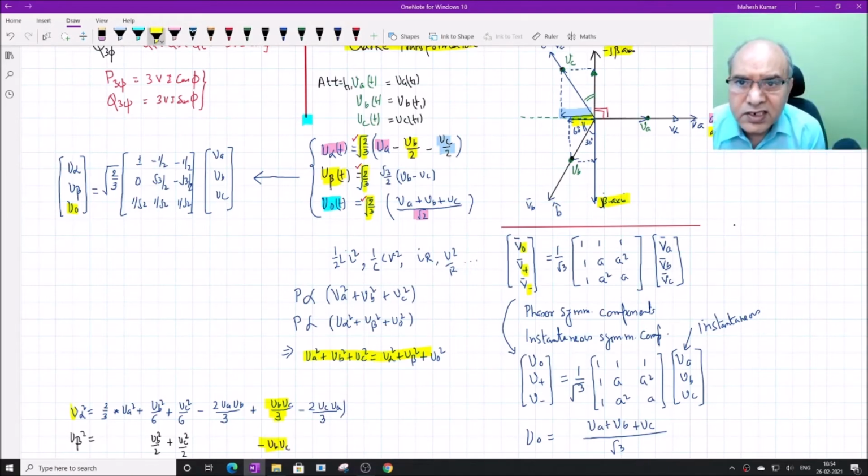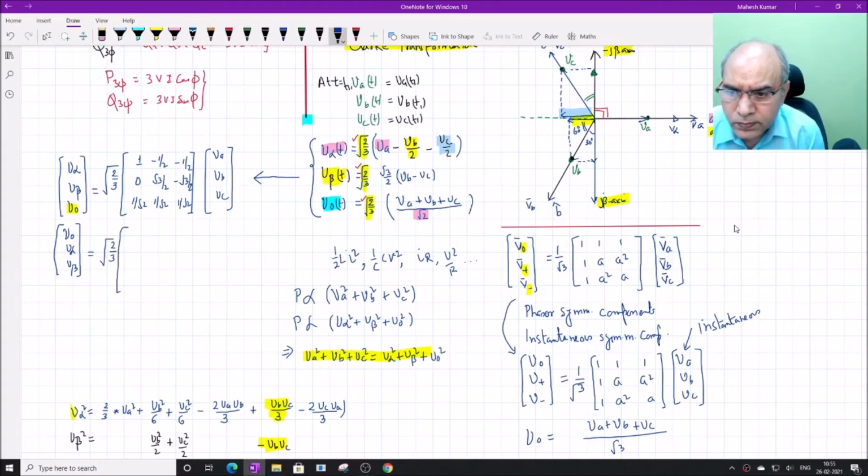So in that case, it will become like this: V0, V alpha, V beta equal to the same matrix, 2 by 3, into this: 1 by root 2, 1 by root 2 and 1 by root 2.